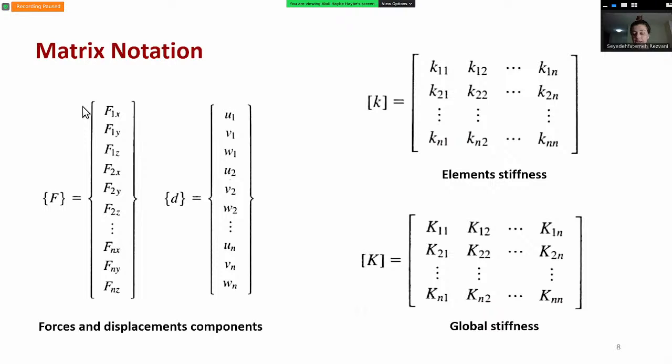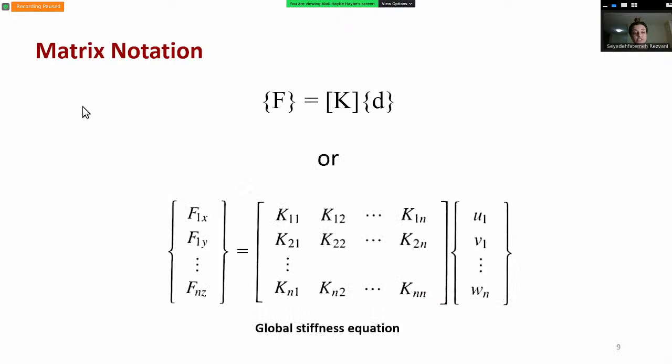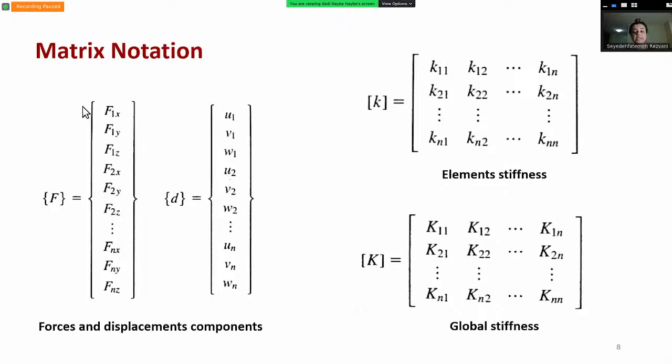Examples of matrices include the force components operating at different nodes or points on a structure and the corresponding set of nodal displacements that can be expressed as F and D matrices, and also the element and global stiffness can be represented as matrices. The small k is the element stiffness matrix, and the capital K is the global stiffness matrix of the body.